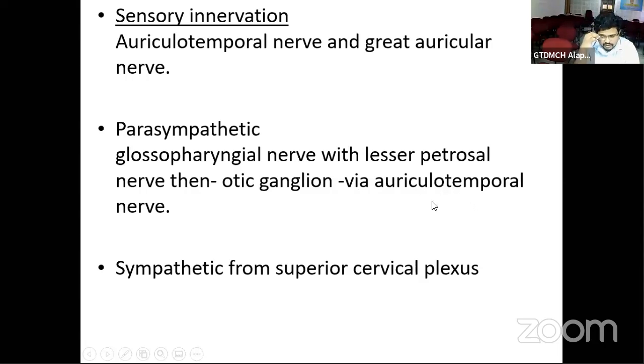The parasympathetic supply, you have to write it down and keep a note. Otherwise, you will forget. Parasympathetic supplies we usually forget. Inferior salivatory nucleus, then ninth cranial nerve, then lesser petrosal nerve, then otic ganglion through the auriculotemporal nerve. Sympathetic supply is from superior cervical plexus, nothing difficult.